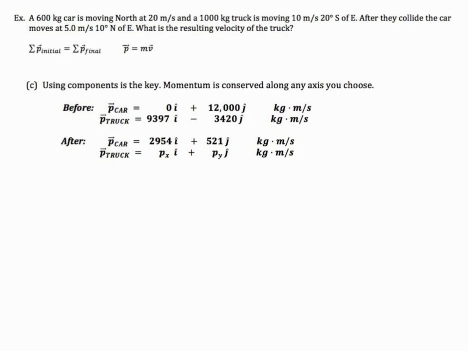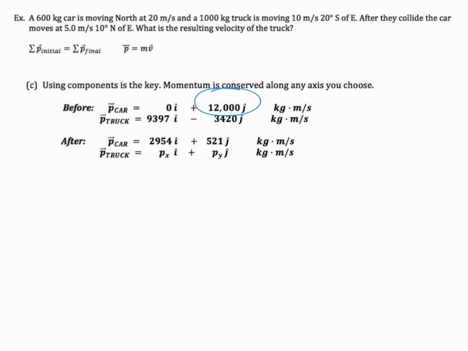You certainly don't have to put your solution in such a formal way as I have done, but using unit vectors is a nice way of keeping things organized. So what I've done here is I've taken the amounts of momentum that I calculated and used sines and cosines to find the i hat and j hat components of the vehicles. And for the 20 meters per second north, which made it 12,000 kilogram meters per second north, that's just a j hat.